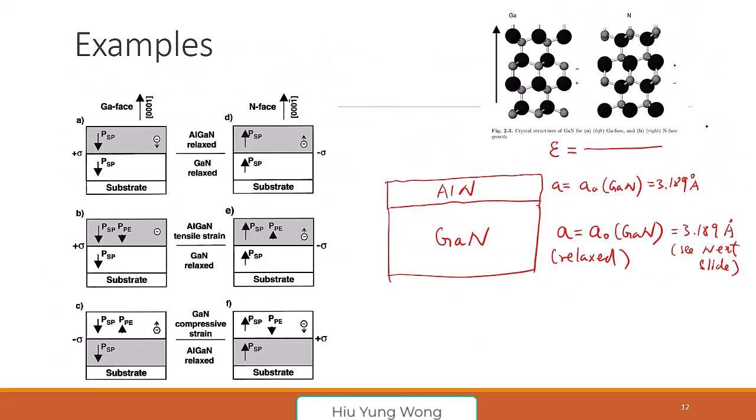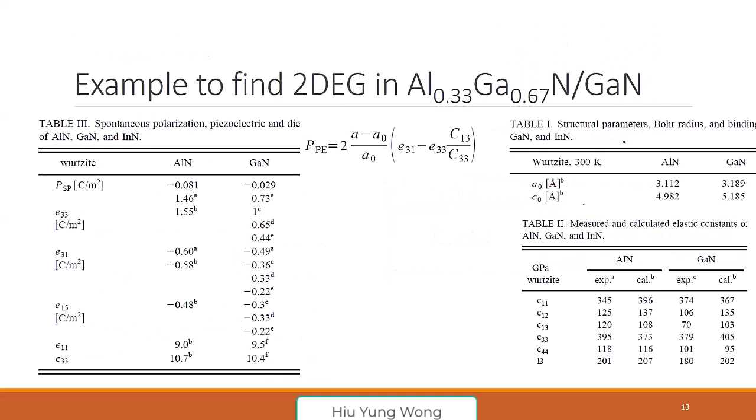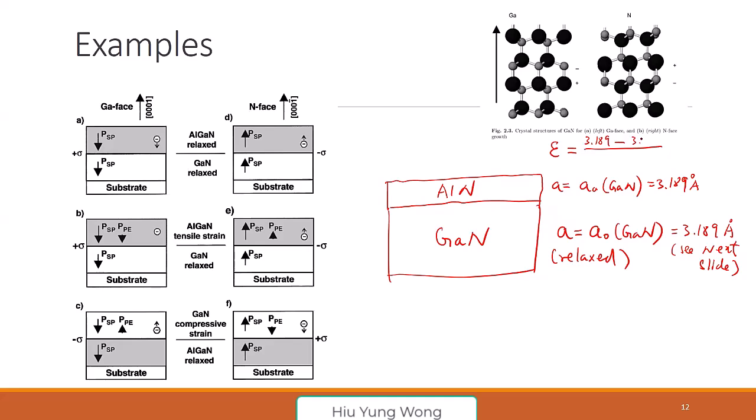So now it is stressed to the value of gallium nitride because I forced them to be 3.189. But its original value is 3.112. So this is larger than 0, so it's under tensile stress. This is easy to understand because aluminum nitride is smaller than gallium nitride. Now I try to align with gallium nitride, you are pulling me away, so I have tensile stress.